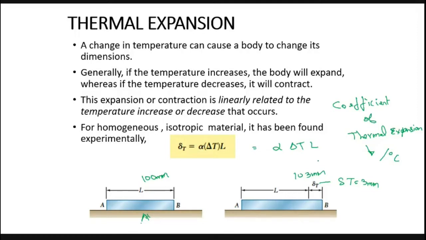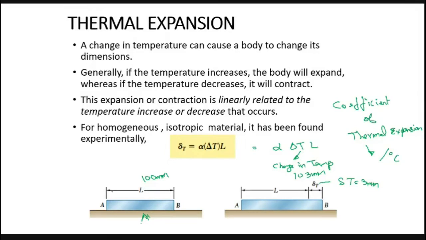If I increase 1 degree centigrade, what will be the expansion? That is alpha. Del T is the change in temperature. So normally it may be 20 degree and now it is 30 degree. So the change in temperature is 30 minus 20, which is 10 degree. That is del T.